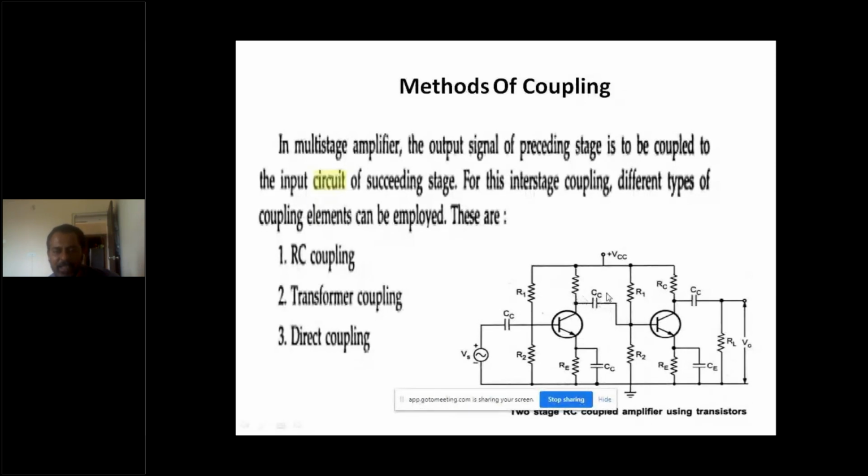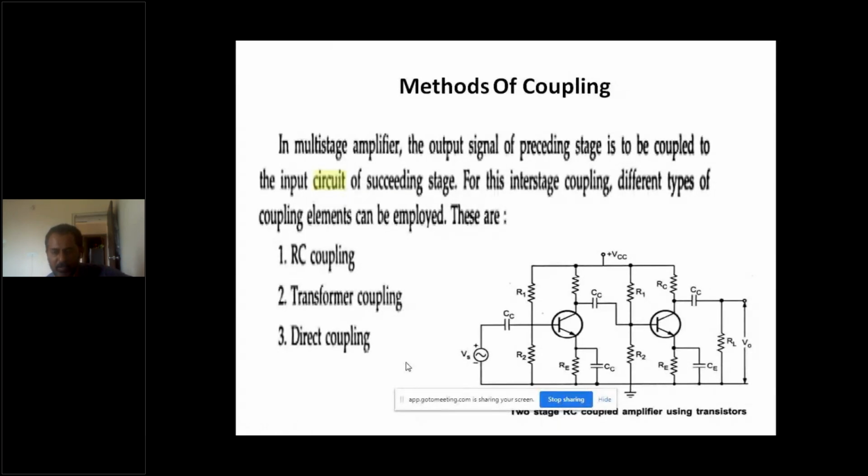I'm going to use some kind of transformer where impedance can be reduced or increased. I can keep some kind of impedance matching, then I can pass my signal. So transformer coupling essentially is useful for impedance matching.